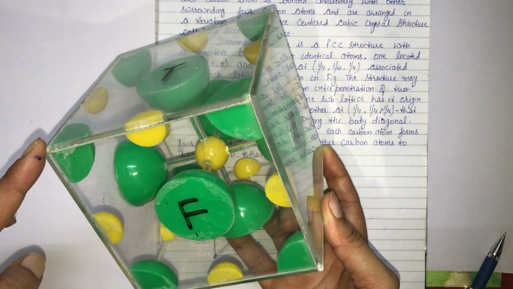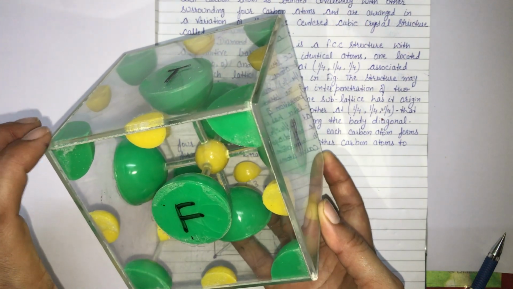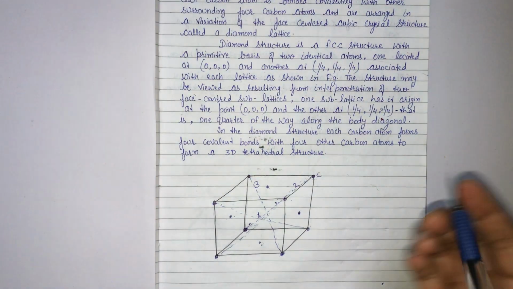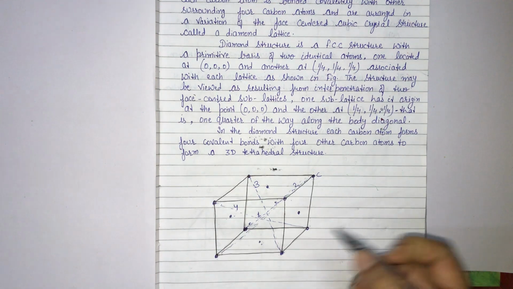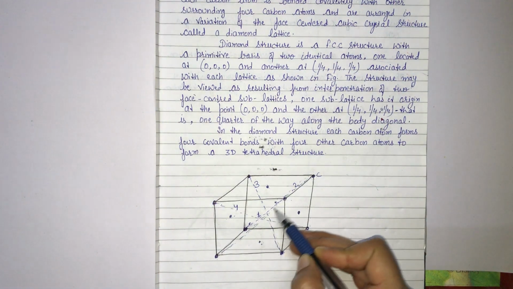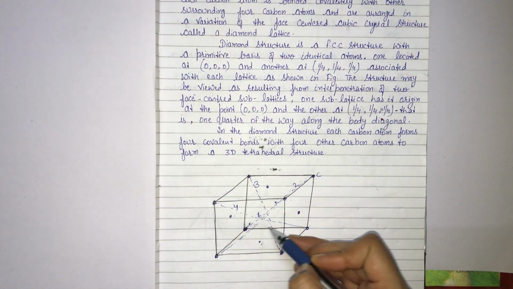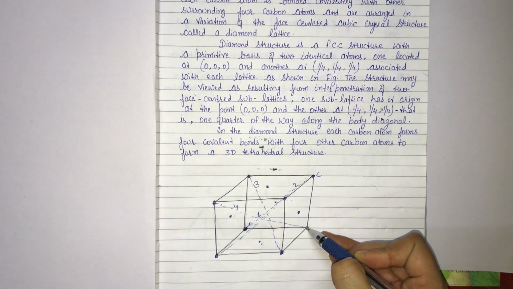Clear? So in this way we can mark all four body diagonals of this cube. Let me repeat, this is the first body diagonal, this is the second body diagonal, this one is the third body diagonal, and this is the fourth body diagonal.